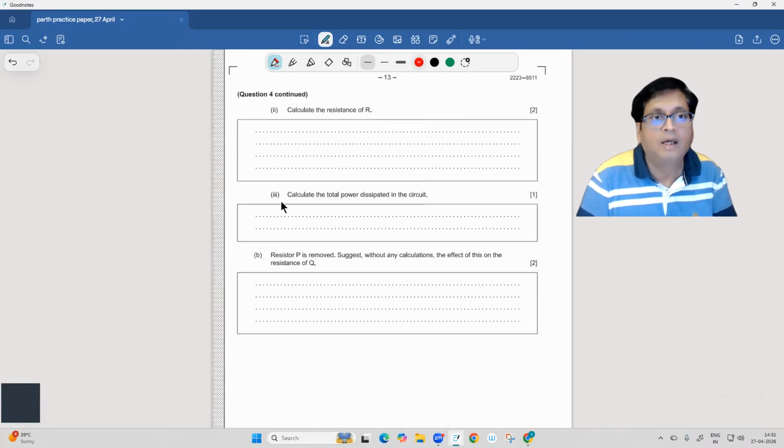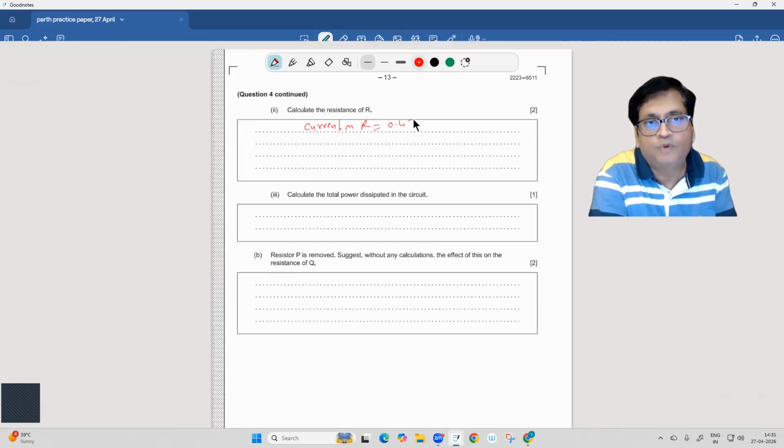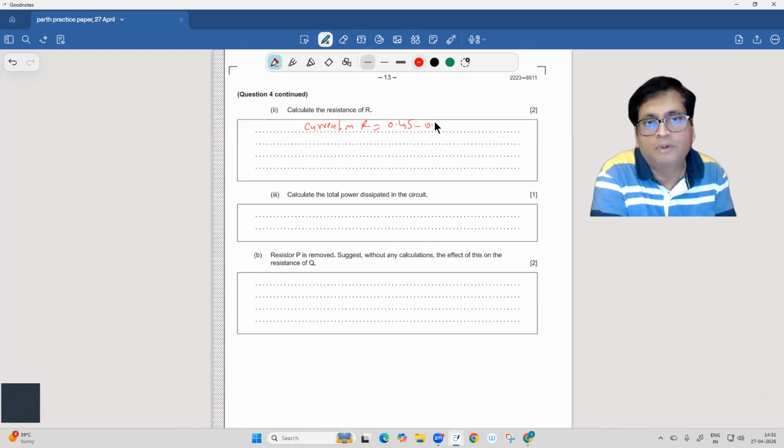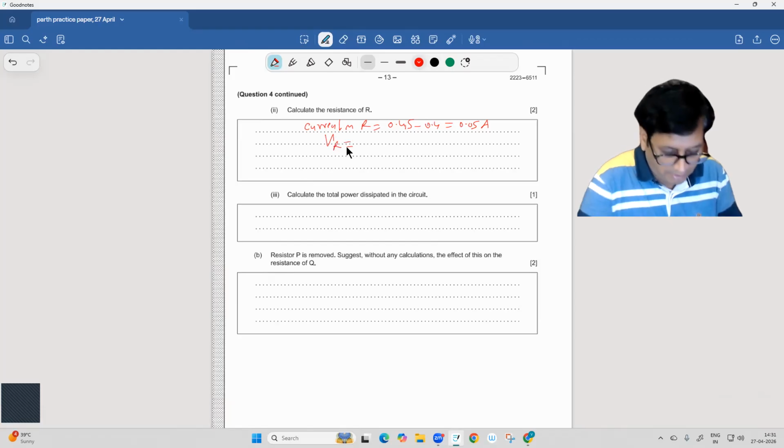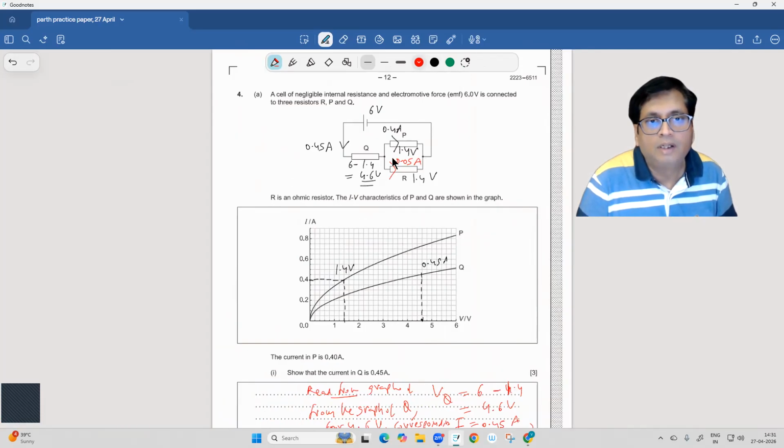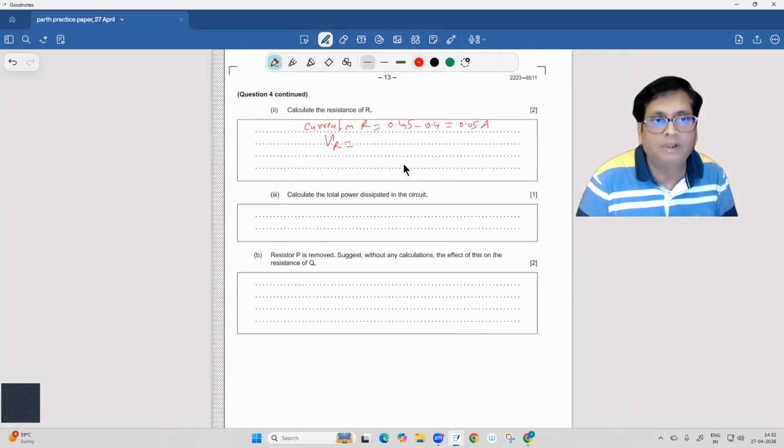Calculate the resistance R. देखो, करंट इन R कितने हैं? 0.45 minus 0.4, 0.05 ampere. Voltage across R, that we already know. It is 1.4 volt.